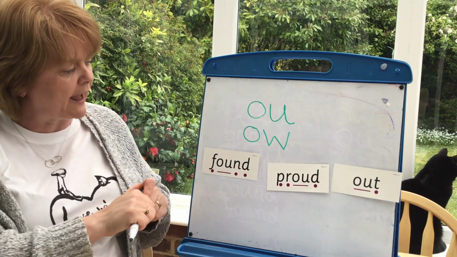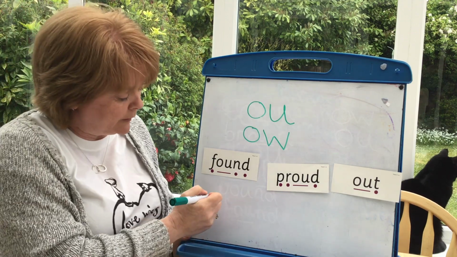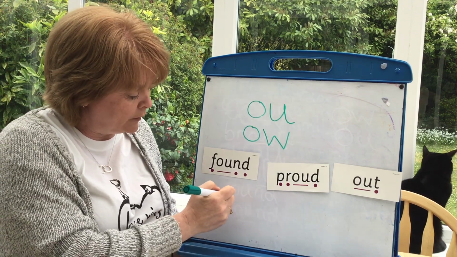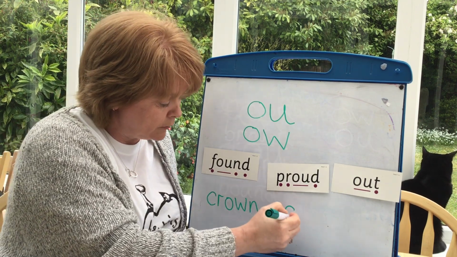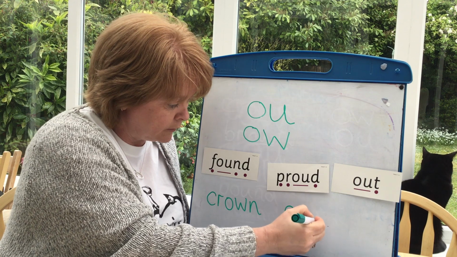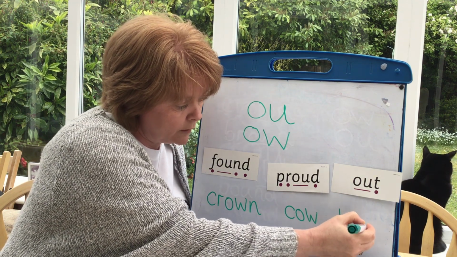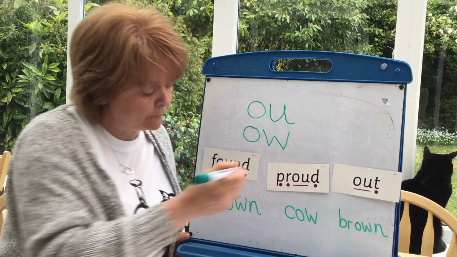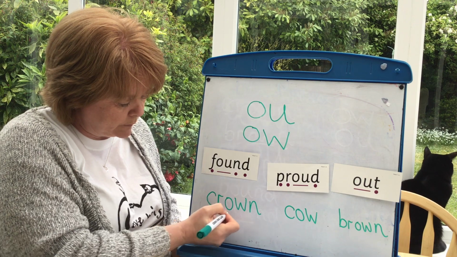So you could do the same if you thought of some ow words that had the OW in. So you could have these words. Now you could then put your sound buttons in yourself or get the children to do it.